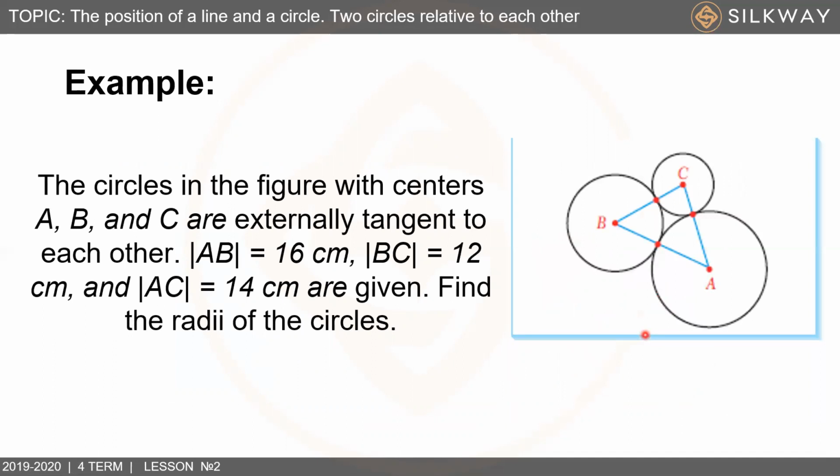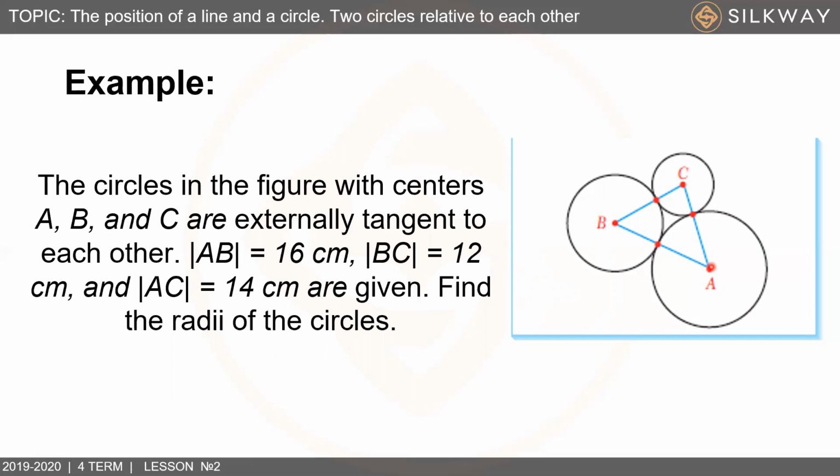Example. The circles in the figure with centers A, B, C are externally tangent to each other. If AB is equal to 16 centimeters, BC is 12 centimeters, and AC is 14 centimeters, find the radii of the circles.